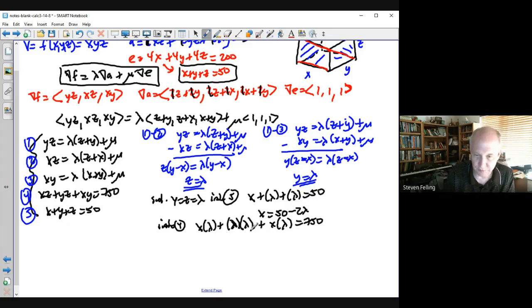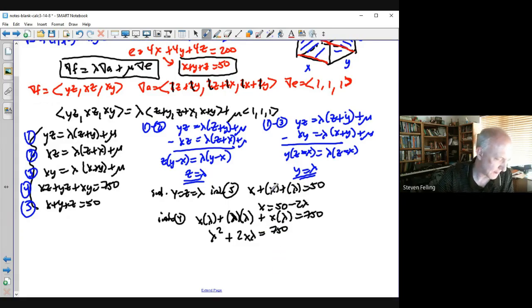And so that's going to give me lambda squared plus 2 x lambda terms equals 750. And therefore, I could say, okay, x has to equal, let's see, if I subtracted it, it would be 750 minus lambda squared, but over 2 lambda, okay?